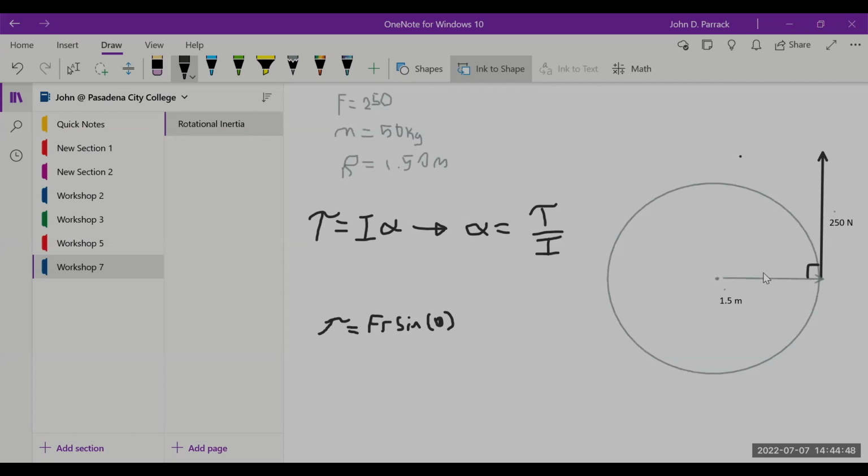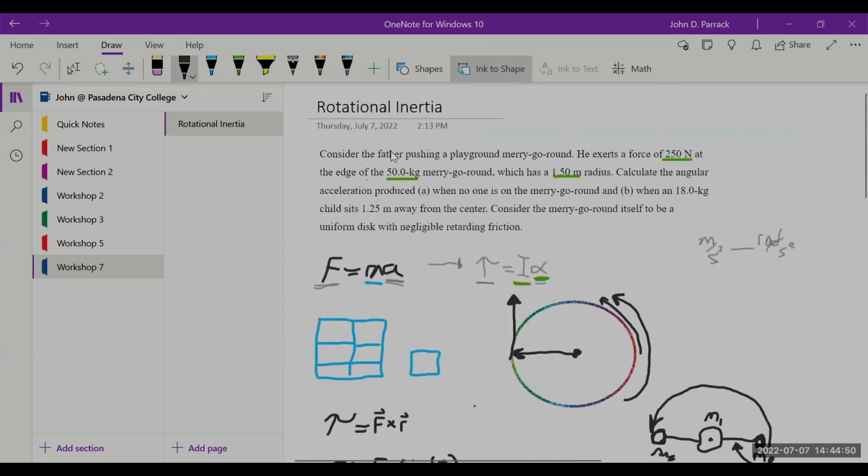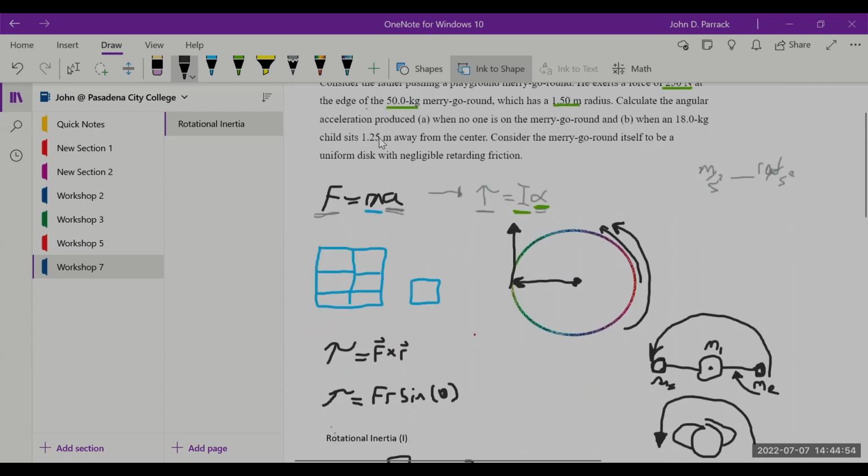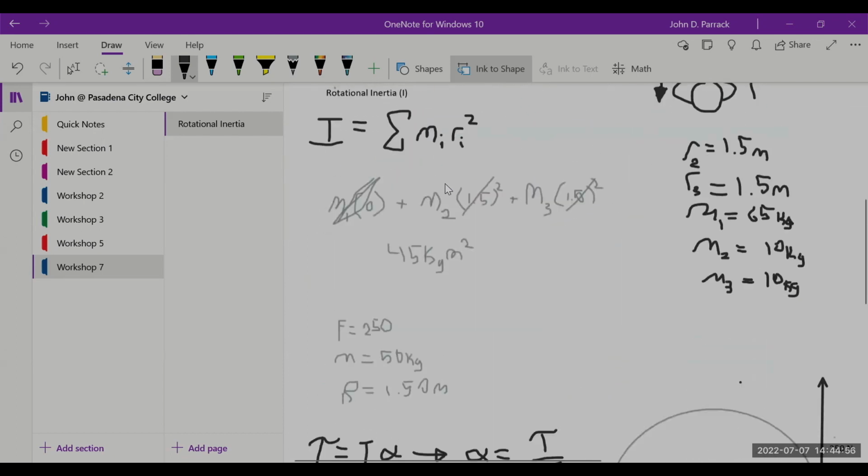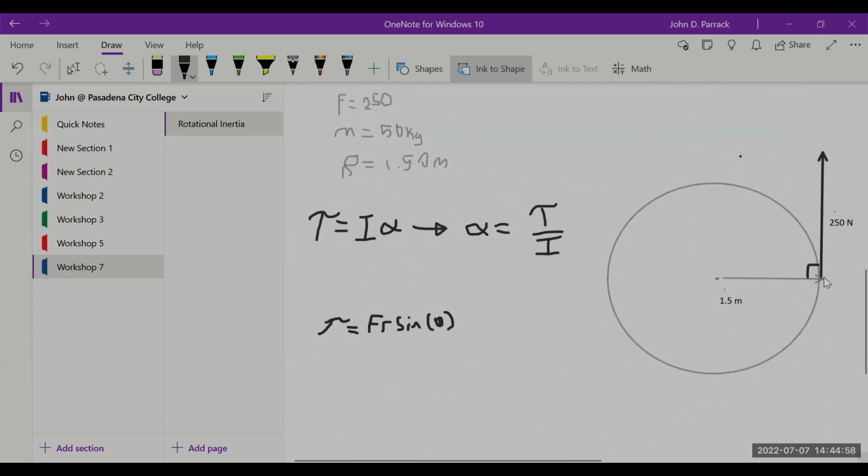Now, these are at a right angle, at least the way I have this here. They actually don't specify. He just says he's pushing at the edge of the merry-go-round. They don't say what angle he's pushing at. But I think it's safe to say if he's a dad, he probably knows what he's doing, which is that he should push it tangentially, not try to push into the merry-go-round or out from the merry-go-round. Doesn't make any sense. So I think it's safe to assume that this is a 90-degree angle between them.